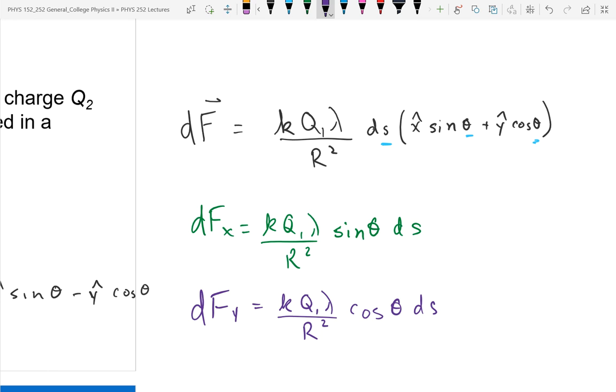Good. So how can we do that? Like, I've never broken it up into components like that before, at least not with an addition up there. Like, that whole process is confusing. Okay. So I used just the distributive property. Right? So I just distributed out, so I had k q1 lambda over r squared ds x sine theta. Oh, yes, they're still plus, added together. So this is just the x part of it and just the y part of it. And so my df vector is still x hat dfx plus y hat dfy. Okay.